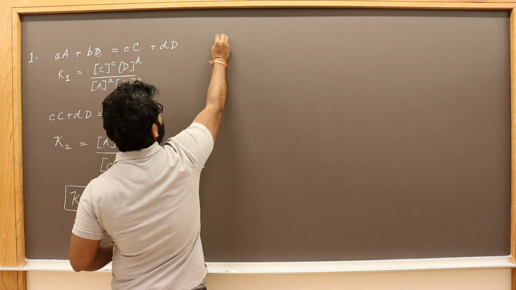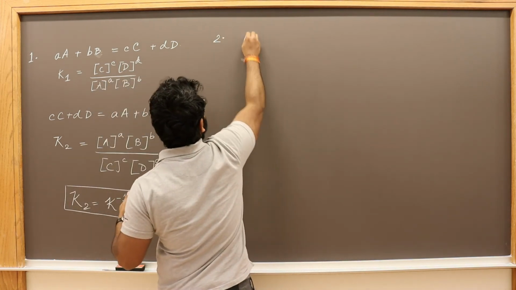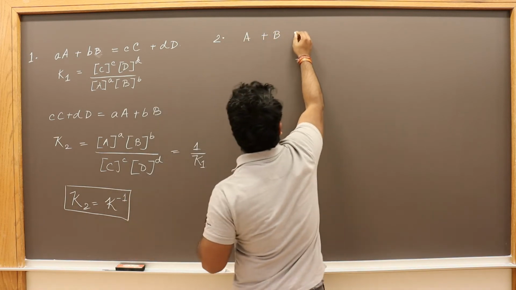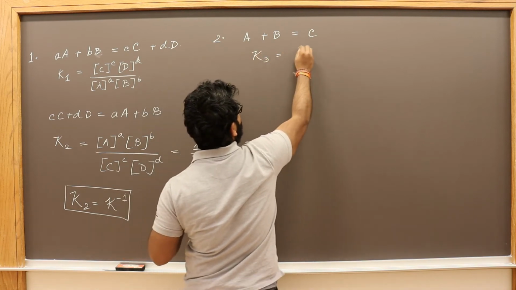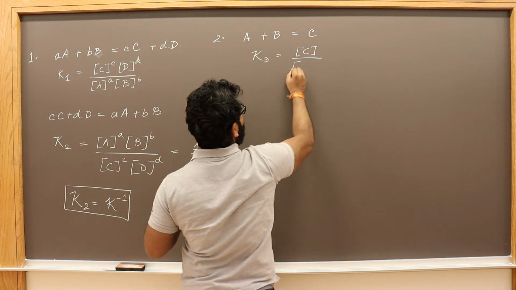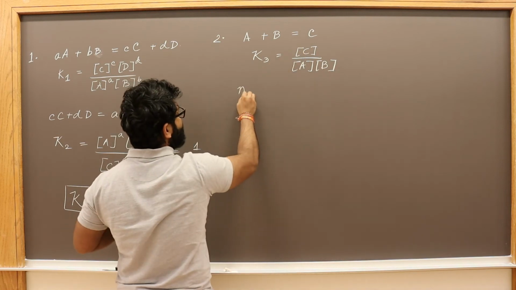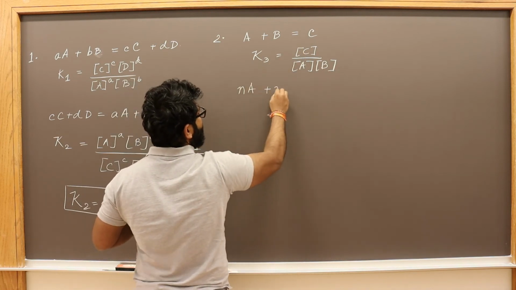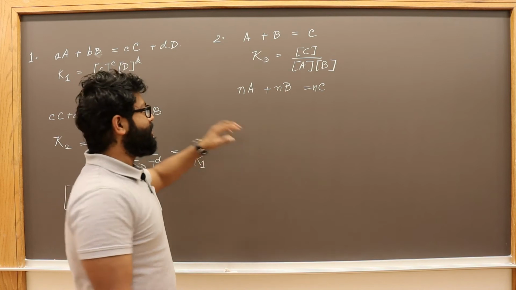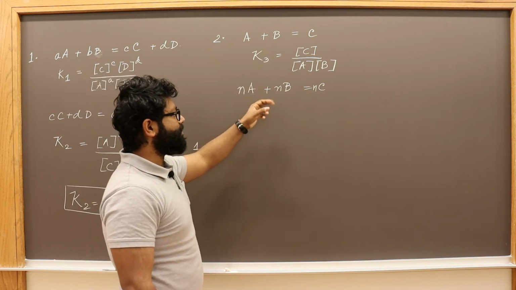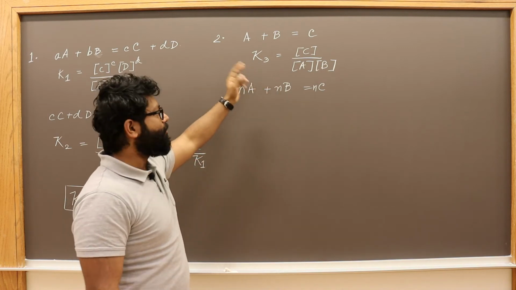So the second is, if you have any reaction, something like A plus B gives you C, and let's assume the K is K3 in this case, which is C over A and B. If this is known and you just multiply the whole equation by a stoichiometric coefficient N, what is the equilibrium constant for that reaction?